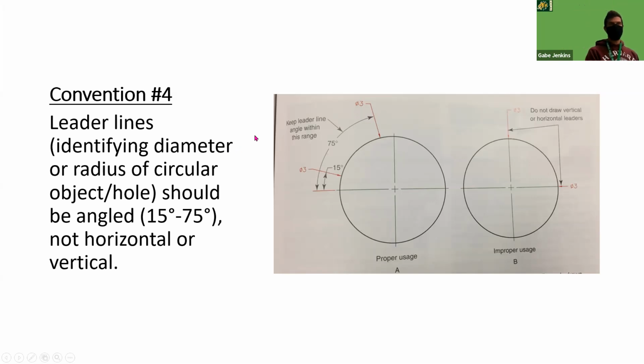The main thing to know about these leader lines is that they should be at an angle. Now that might seem like, who cares, it's at an angle, big deal. The reason why is that if you did it this way, shown on the right, the improper way, it can get confused with these lines right here.